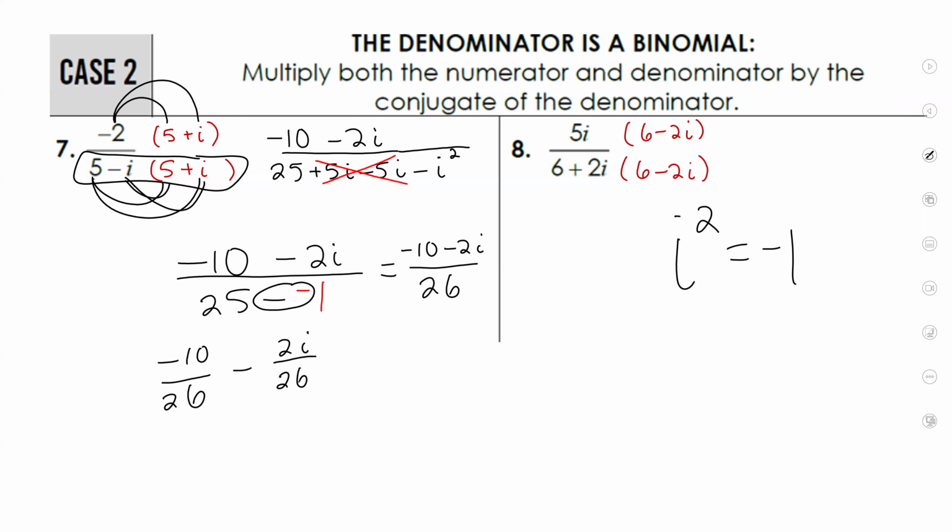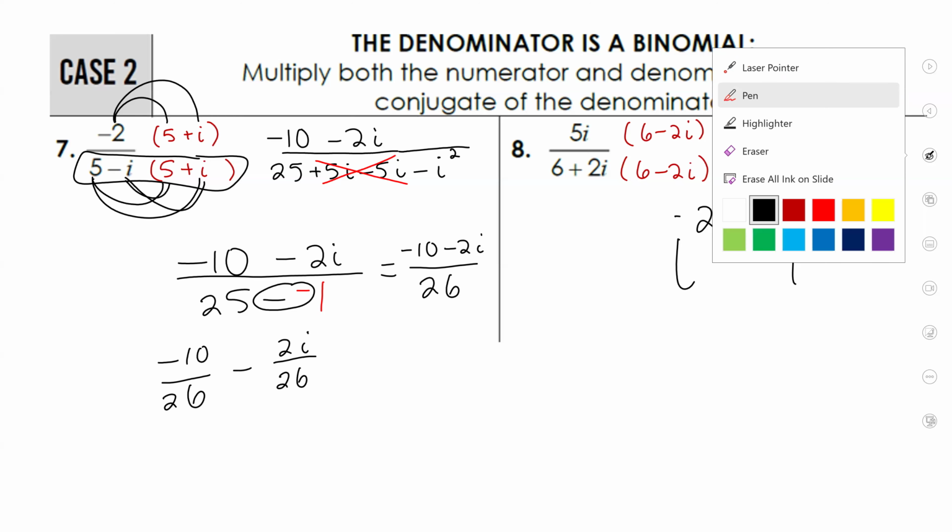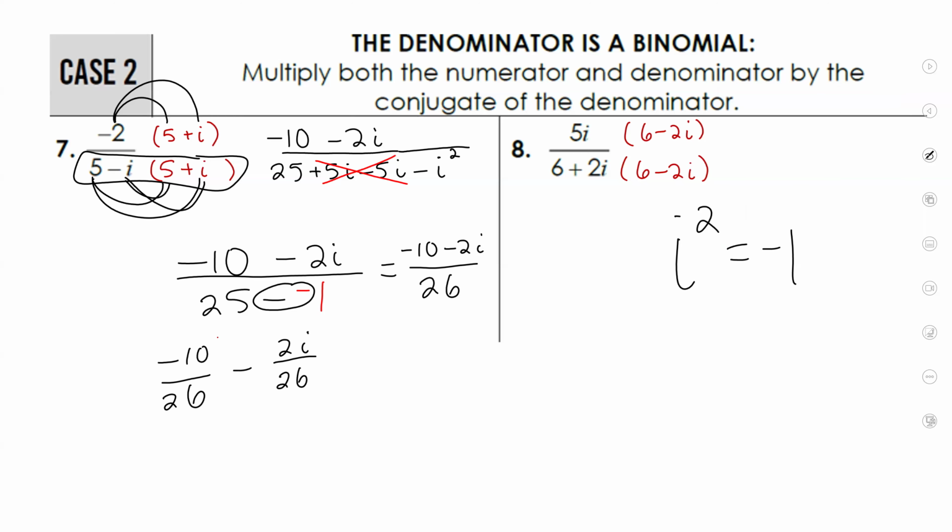Okay, let's divide the numerator and denominator both by 2. And what will we get? Negative 5 over 13, because 26 divided by 2 is 13.